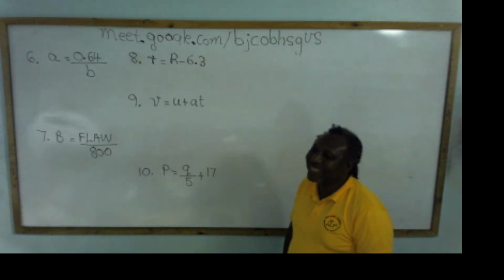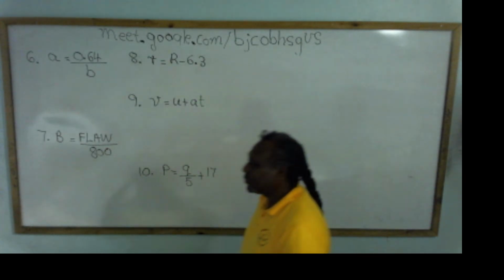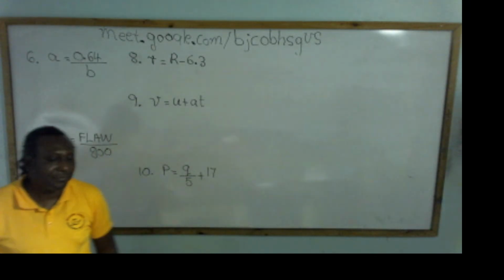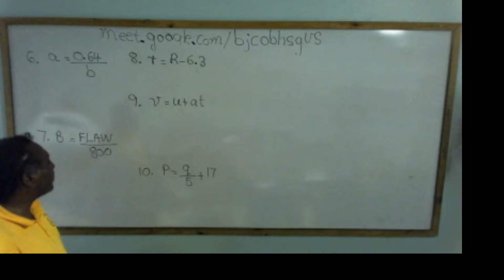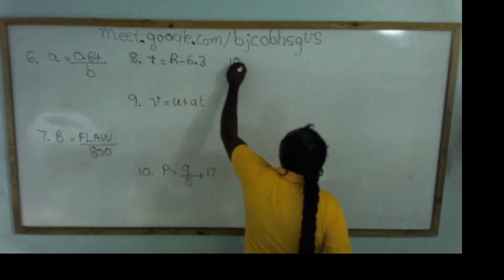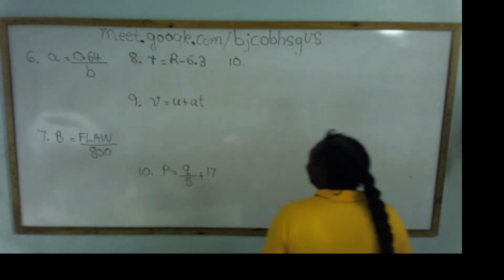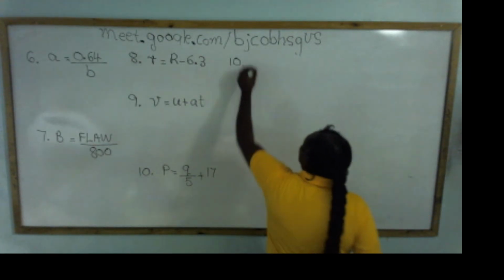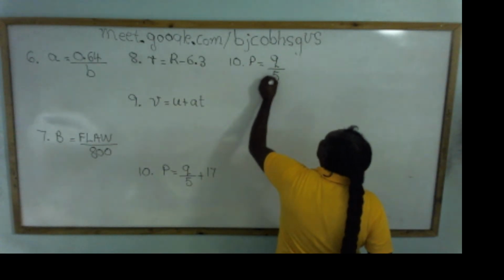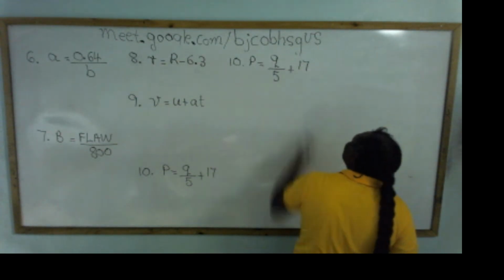They're a little bit more challenging than the others, but we have not got into the real meat of the matter as yet. So, of course, we need to put number 10 up here again because we're going to do 2 takes on it. P is equal to Q over 5 plus 17.